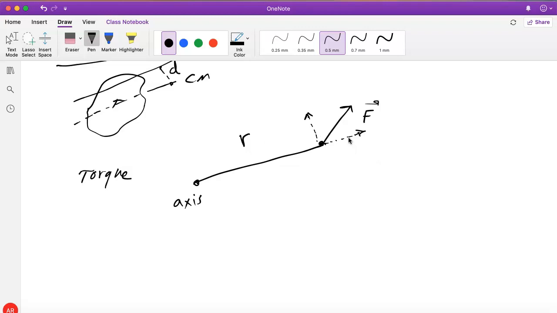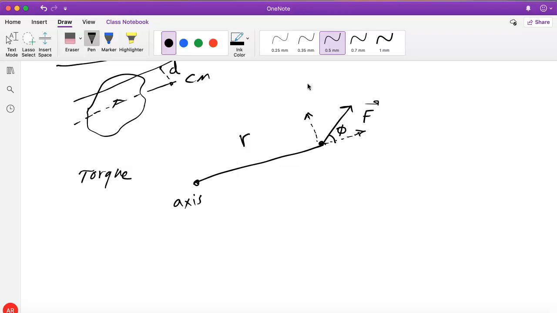So this doesn't do anything. There is this component that's important, the component perpendicular to the rotation arm r. So let's call the angle between the force and this vector, from the axis to the point where the force is applied, phi.